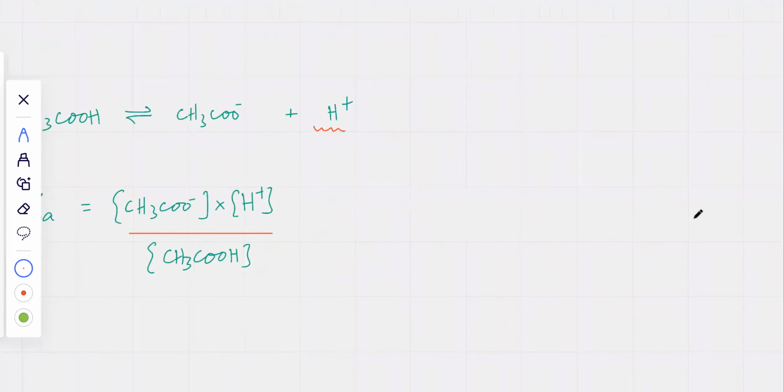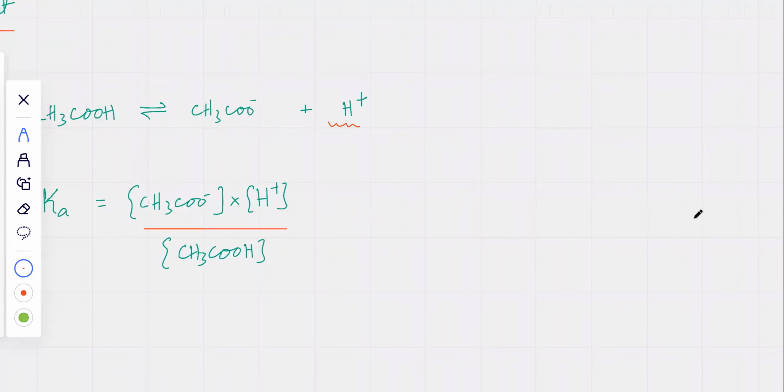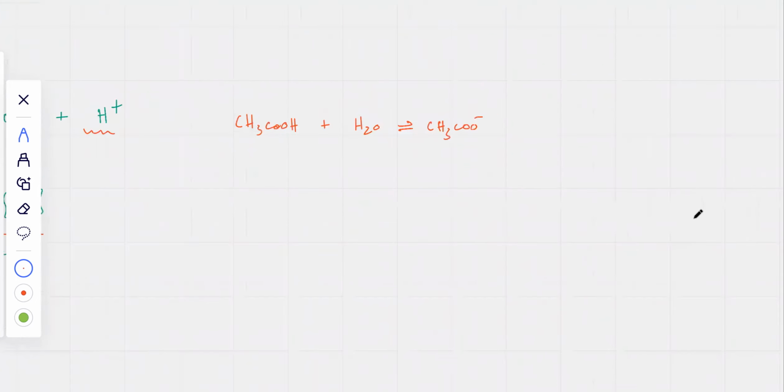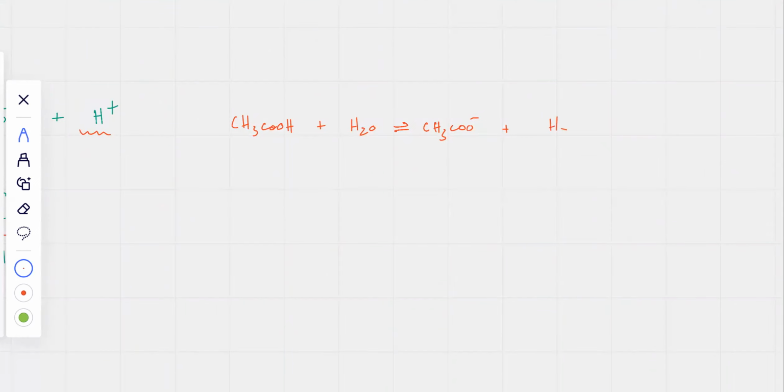So the actual or true equation is this one: you have ethanoic acid, and H+ would be released, but that H+ would be absorbed by water molecules. So it's this reaction in which ethanoate ions are produced. It would release an H+, but that H+ would be captured by water molecules. So that's your actual acid dissociation equation.